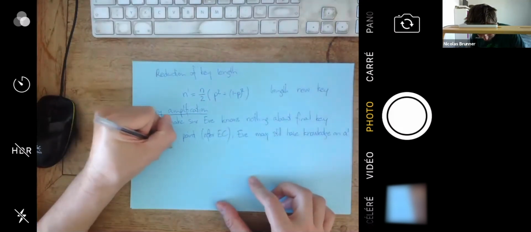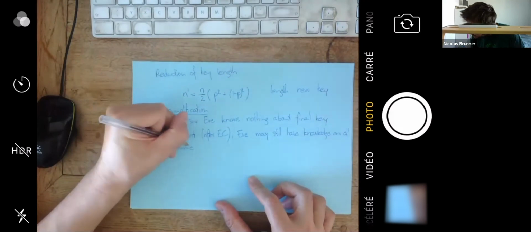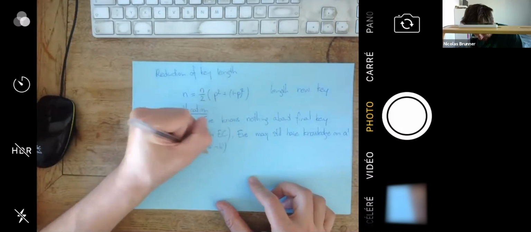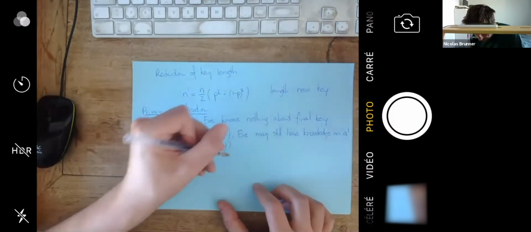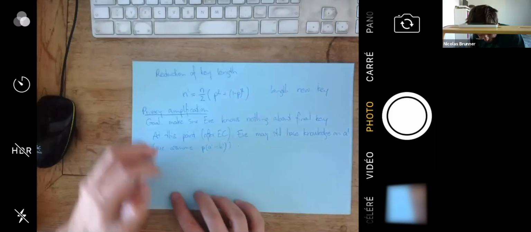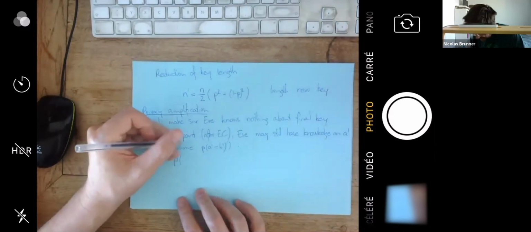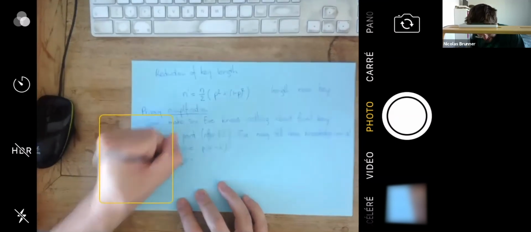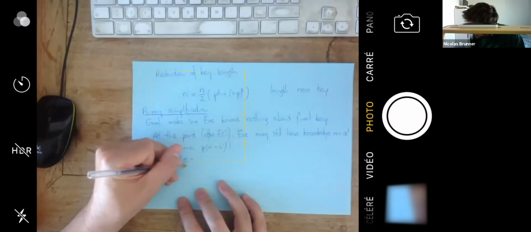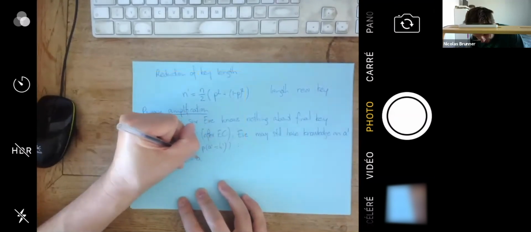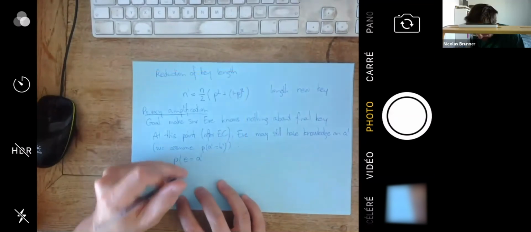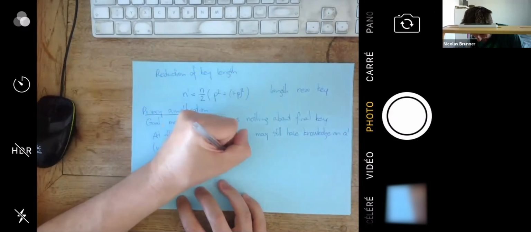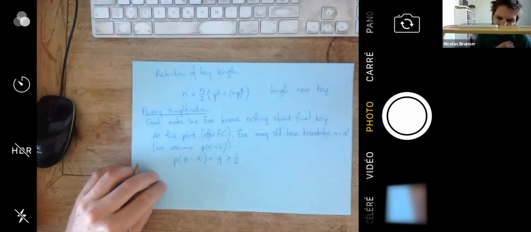So here we are going to assume that after error correction, A prime is equal to B prime. This knowledge of Eve, I can formalize it. I can say that the probability, where E denotes the key of Eve, or her guess of the key, that E is equal to A prime, I denote this Q. This is larger than 1/2.